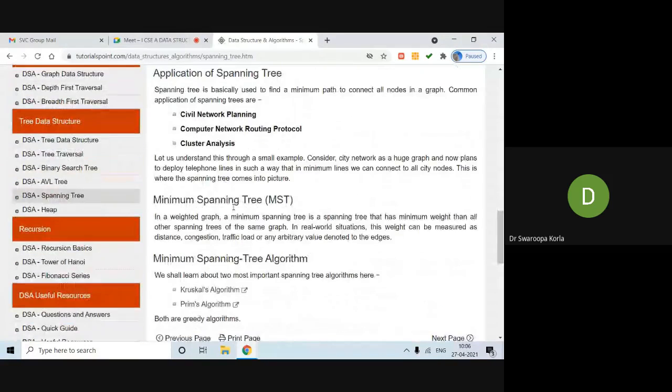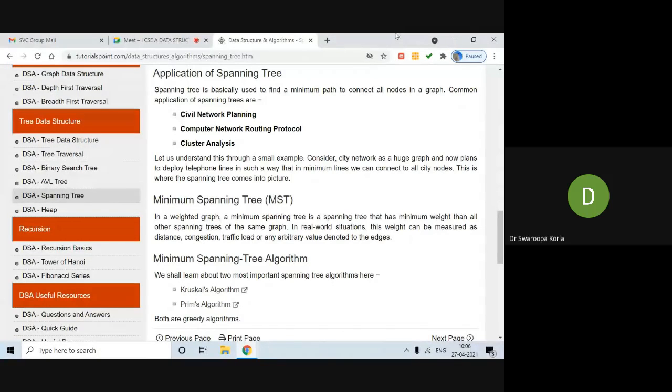And let us look at the applications of spanning trees. Why should we use spanning trees? What is the importance of the spanning tree? These are the applications. A spanning tree is normally used to find a minimum path to connect all the vertices of a graph.